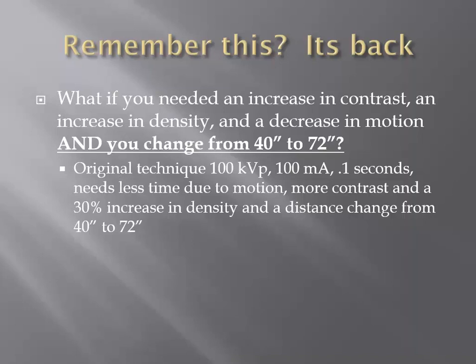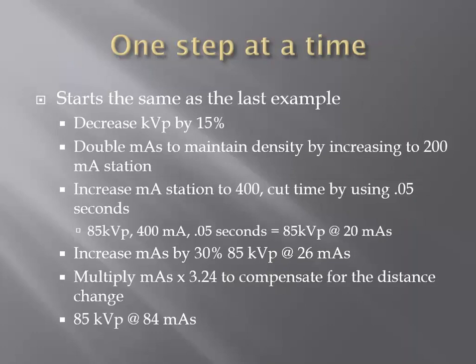The problem is, what if you need an increase in contrast, an increase in density, a decrease in motion, and a change from 40 inches to 72 inches, where your original technique was 100 kVp, 100 mA, 0.1 seconds, and you need less time due to motion, more contrast, a 30% increase in exposure, and a distance change from 40 to 72 inches. So all you've got to do is take it one step at a time.